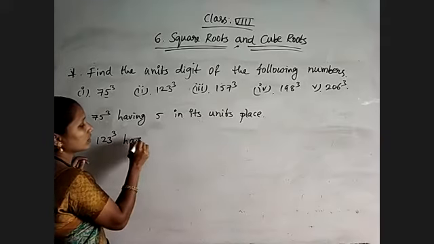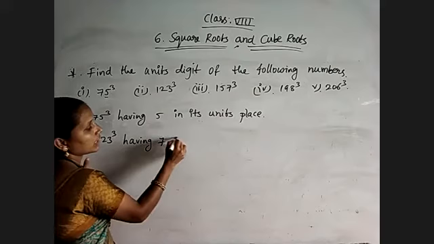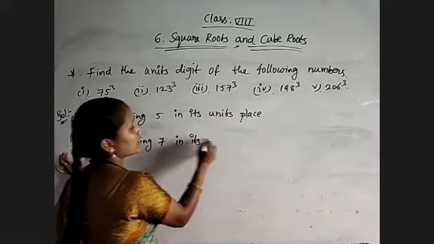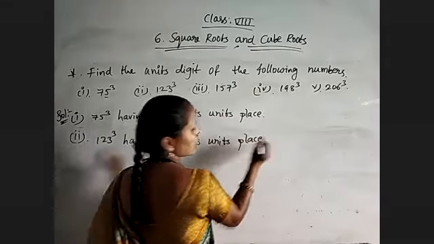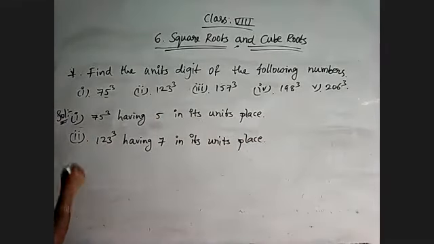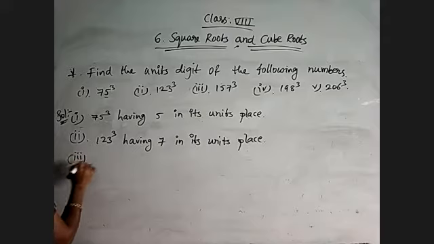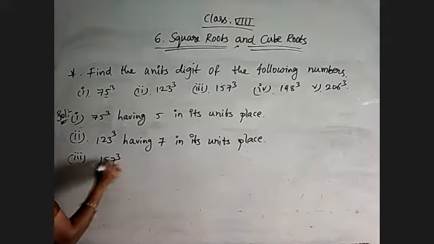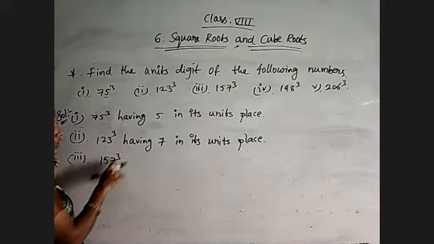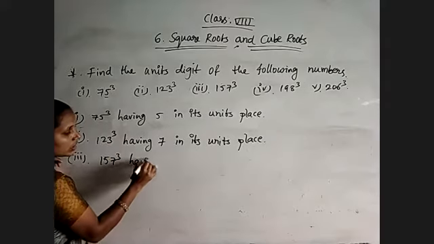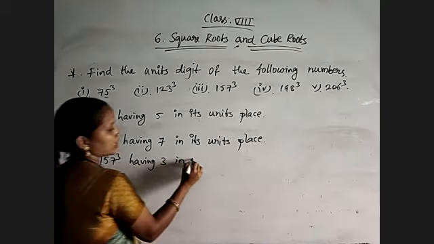Having 7 in its unit place. For 3, 7, for 7, 3. And next, the third question, 157. With just 3 we get 7, for 7 we will get 3. So 157 cube is having 3 in its unit place.